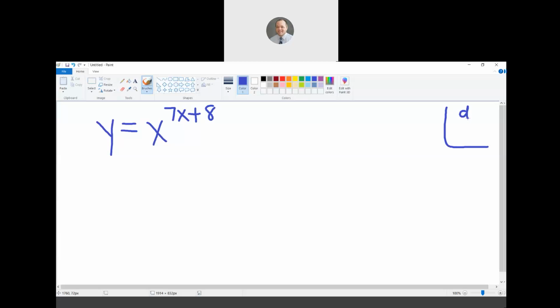So we already know we're looking for dy over dx. Step 1, take the natural log of both sides. On the right-hand side, use the exponent law for natural logs to bring the 7x plus 8 to the front.